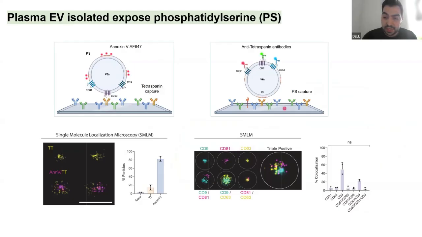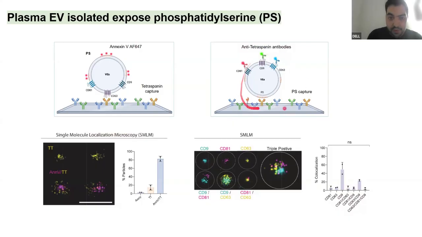Previous reports indicated that a subset of plasma extracellular vesicles expose phosphatidylserine. So we validated this finding using single molecule localization microscopy, or SMLM, by capturing EVs on either tetraspanin-based chips or phosphatidylserine-binding chips.